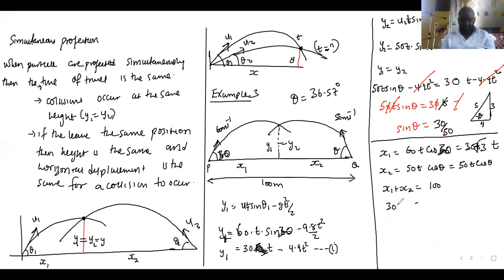So this is 30 root 3 t plus 50 times t times cos, which is 4 over 5, is 100. So this gives us 40. So 40 plus 30 root 3 times t is 100. When you make t the subject, what answer do you get?